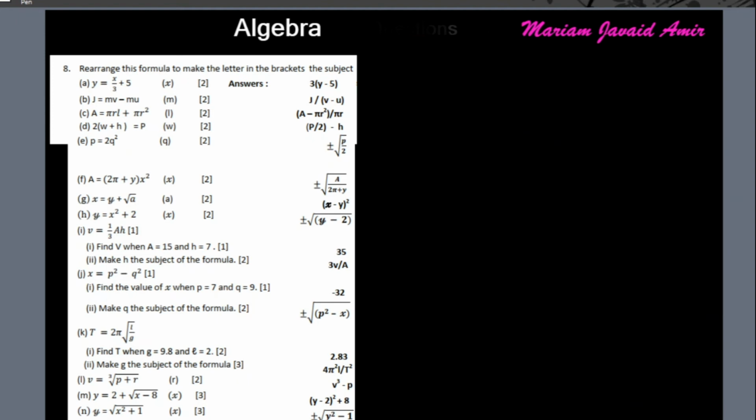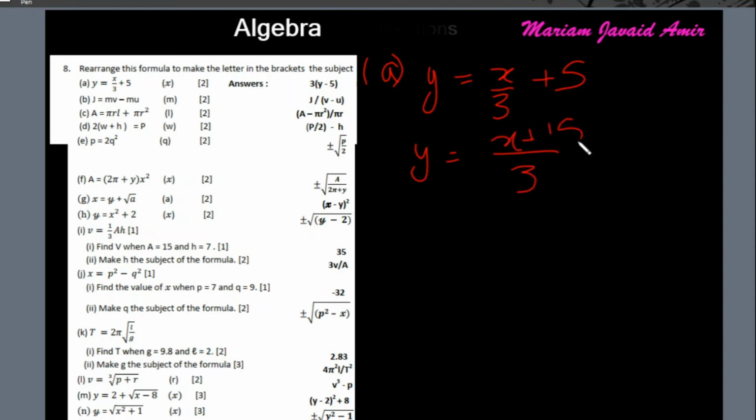Okay, question number 8. Part A. Rearrange this formula to make the letter in the brackets the subject. So y equals x over 3 plus 5. So y equals 3x plus 15. So this becomes 3y equals x plus 15.